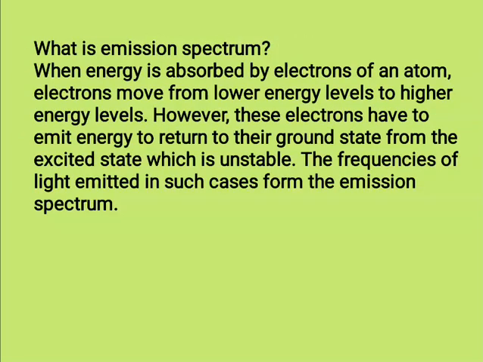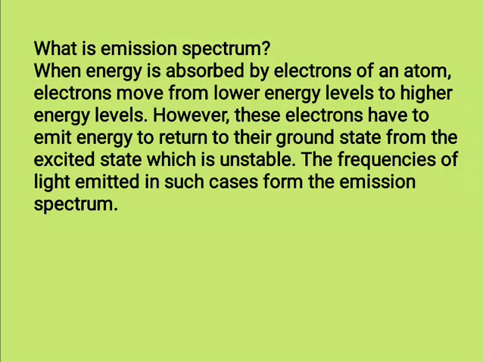Next is the emission spectrum. When energy is absorbed by electrons of an atom, electrons move from lower energy levels to higher energy levels. However, these electrons have to emit energy to return to their ground state from the excited state, which is unstable. The frequencies of light emitted in such cases form the emission spectrum.